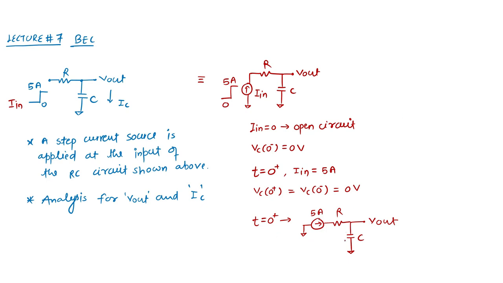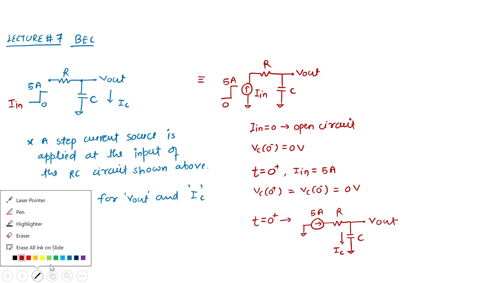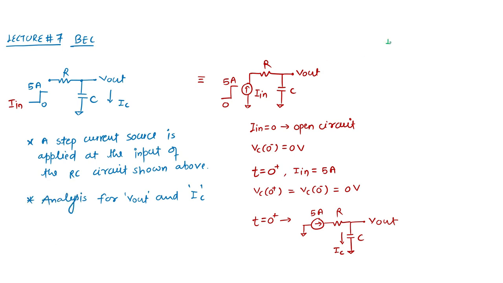This is the only current flowing through the resistor and capacitor, so IC is equal to IN. IC(0-) is IN(0-), which is 0 ampere, and IC(0+) is IN(0+), which is 5 ampere.